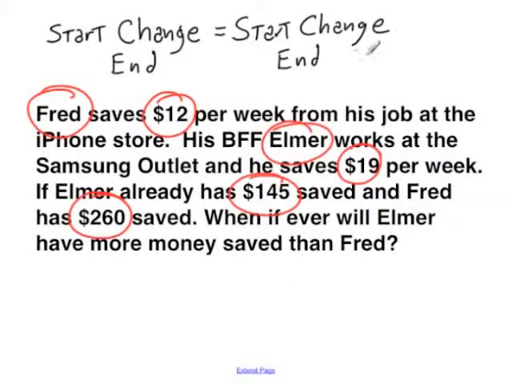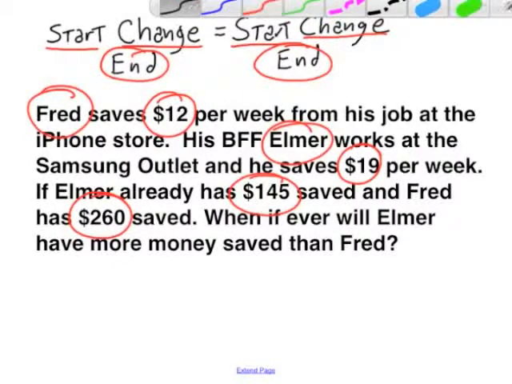So we can set up an equation now that's sort of the same thing. We have one start and change value is equal to the other person's start and change value. So in this context, one person's start and change is the end of the other person's and vice versa. So we can now set up an equation for this situation.